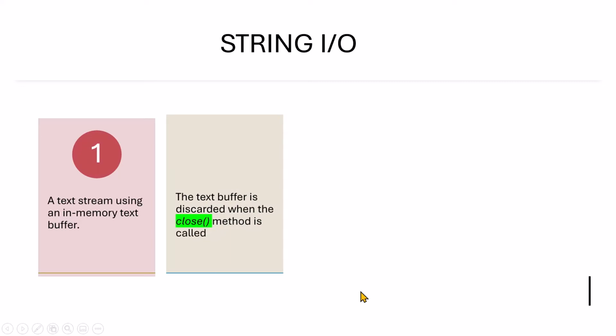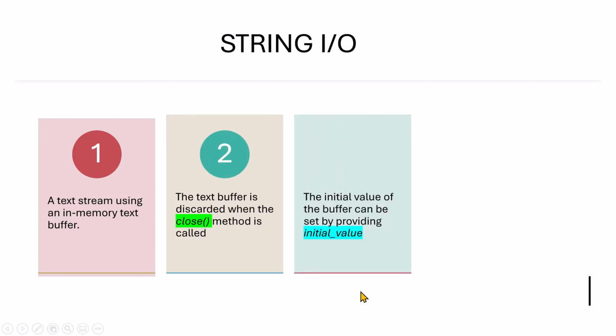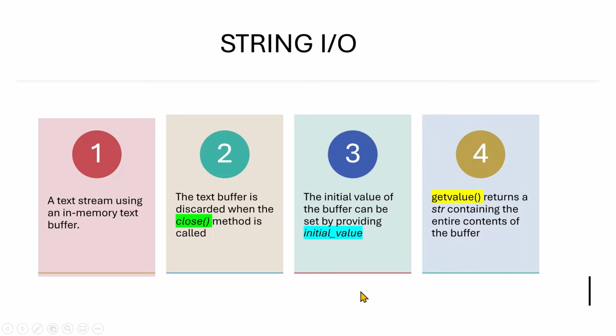The moment we call the close method, that memory is released, so it's no longer available to us. We can set the initial value of that memory space using the parameter initial value, and we can use get value to return the contents of the buffer.